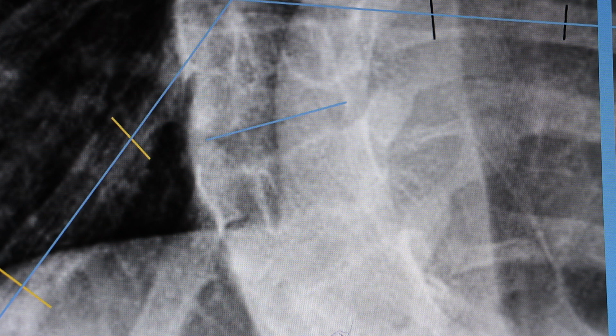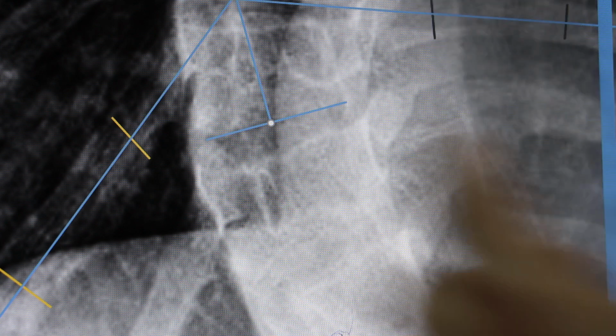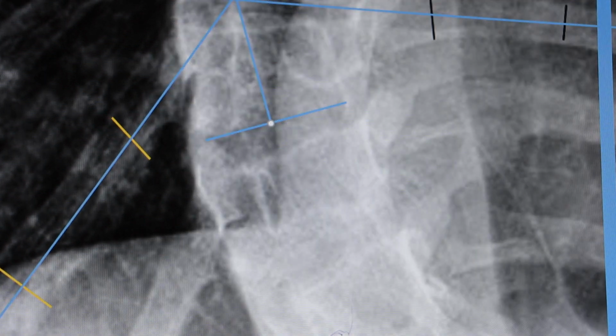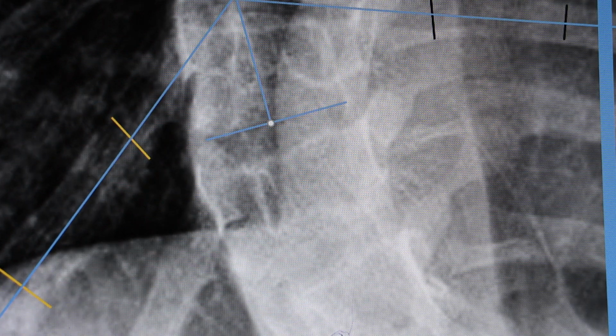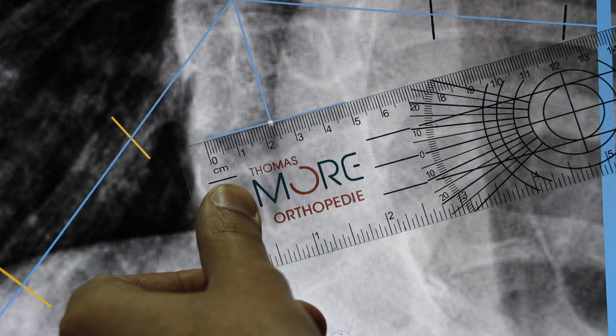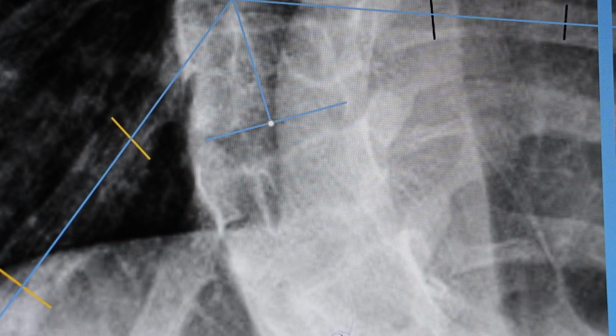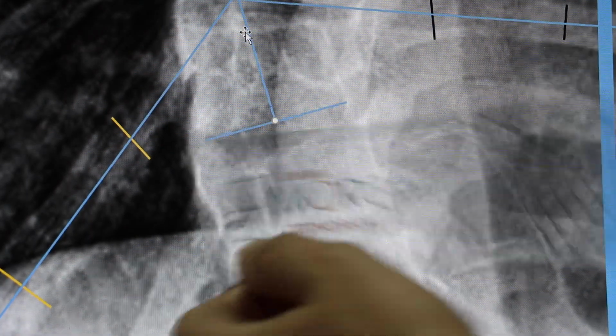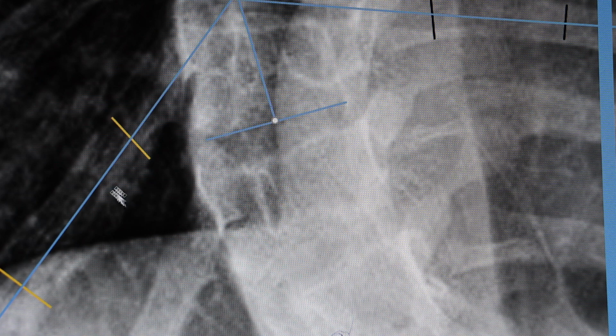And now a line from the center of this vertebra perpendicular to its end plate, from the center of it. Good. And now this is the one at the convex side, so we'll measure this angle.